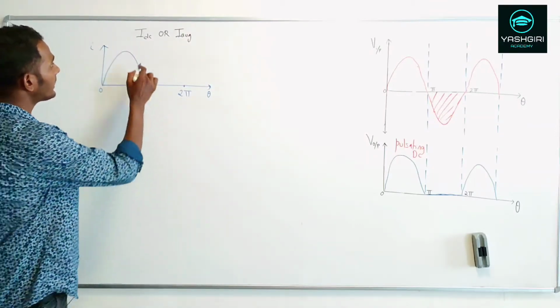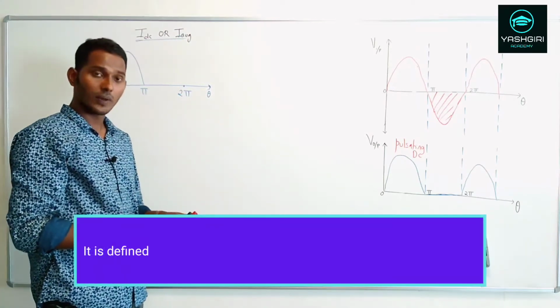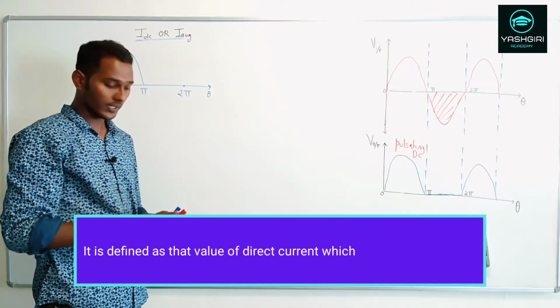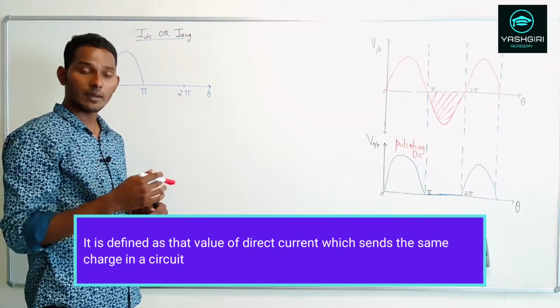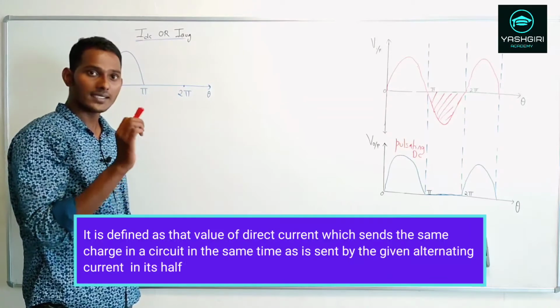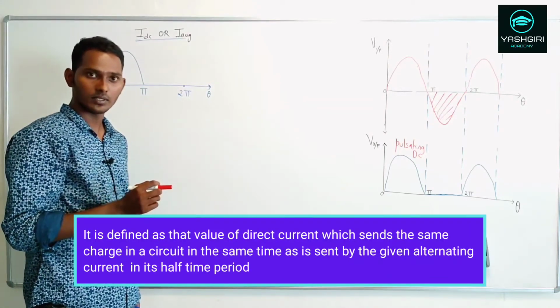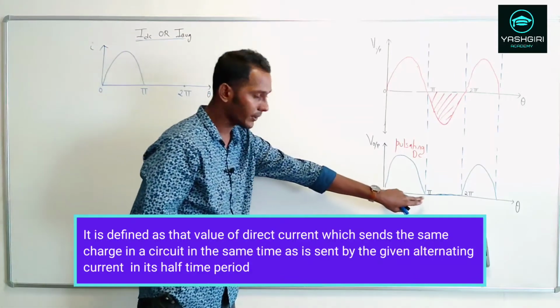Now what exactly this IDC or the I average is, is just a value of a direct current, you can say, which sends the same charge in the circuit in the same time as is sent by the alternating current in that circuit for its half time period.